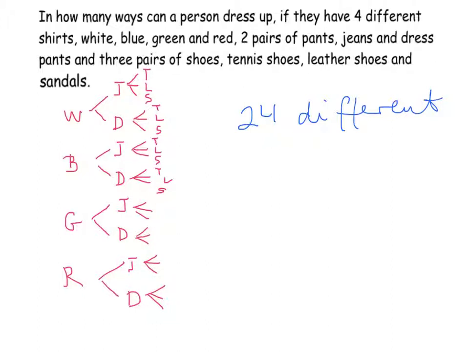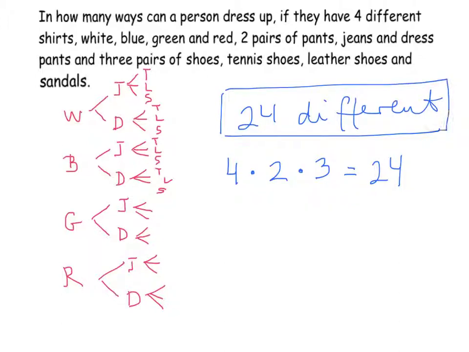So we have 4 types of shirts. We multiply this by the second event, our types of pants, 2 different types. Then lastly we multiply by the types of shoes, which is 3. So 4 times 2 is 8, times 3 is 24. That is how this event can occur in 24 different ways.